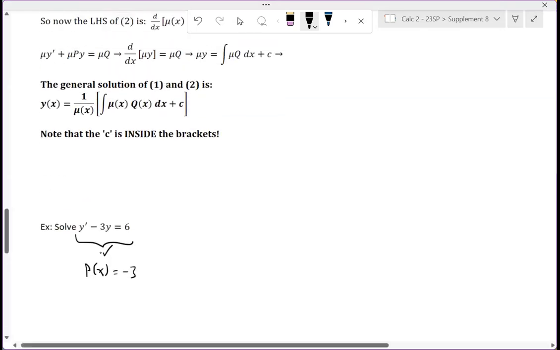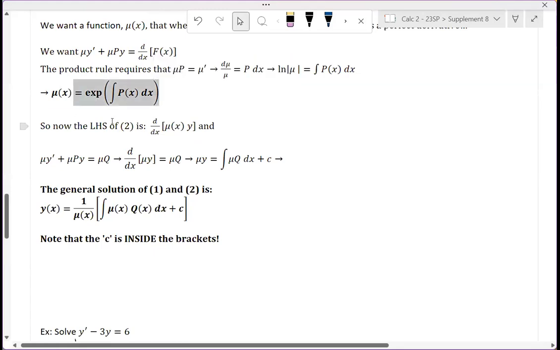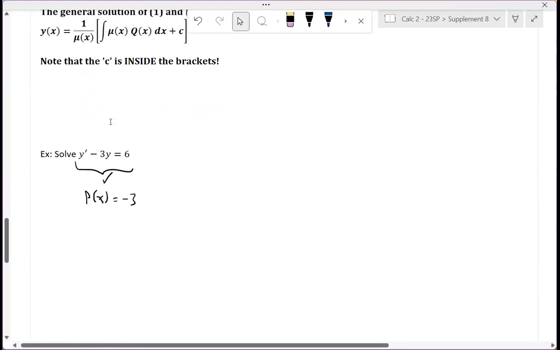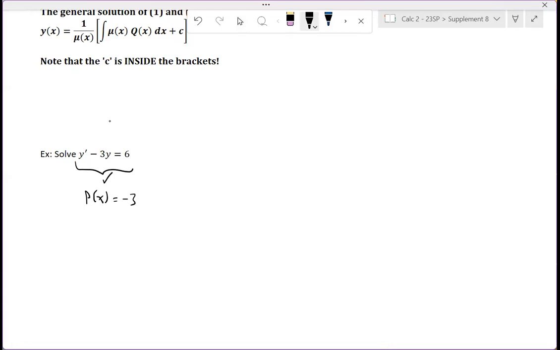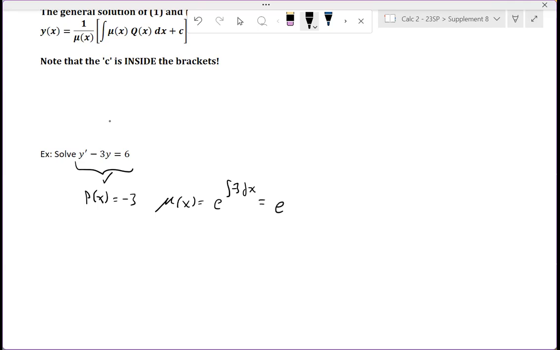And my integrating factor from up here is going to be e to the integral p of x dx. So e to the integral of -3 dx is e to the -3x. I just need an antiderivative, so I'll just pick the simplest one for this integrating factor.